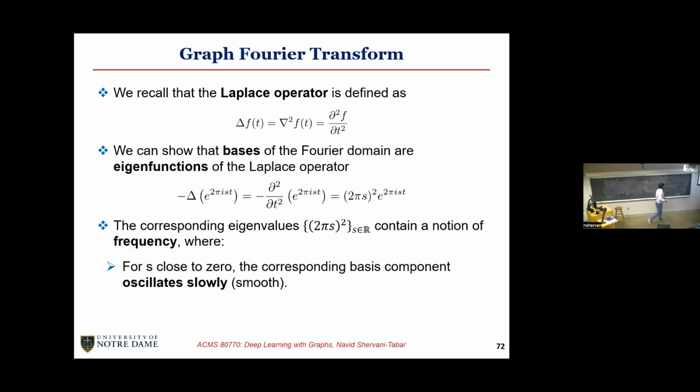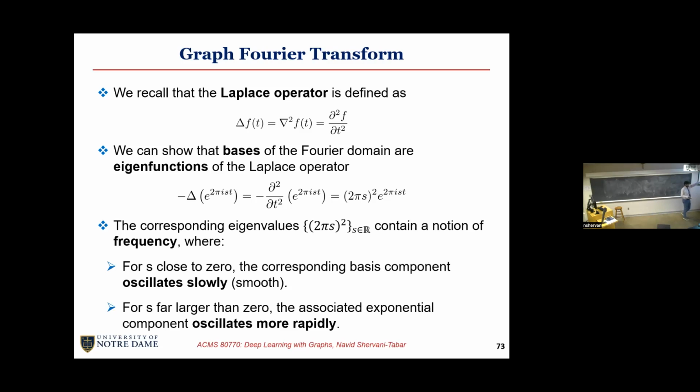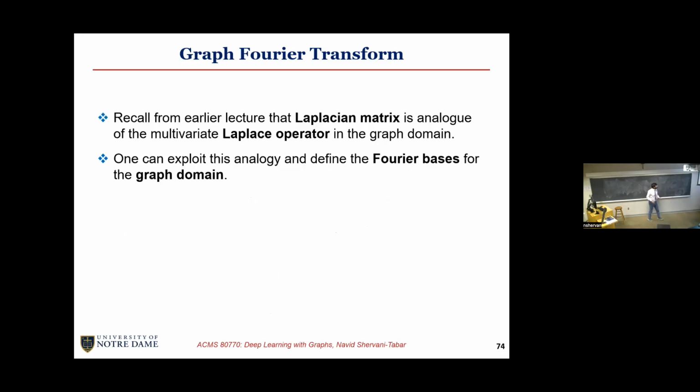If it is higher, the corresponding eigenvector is oscillating more rapidly, right? So that's how it carries a notion of frequency. And that's what we are going to use later to define this notion for graphs as well.